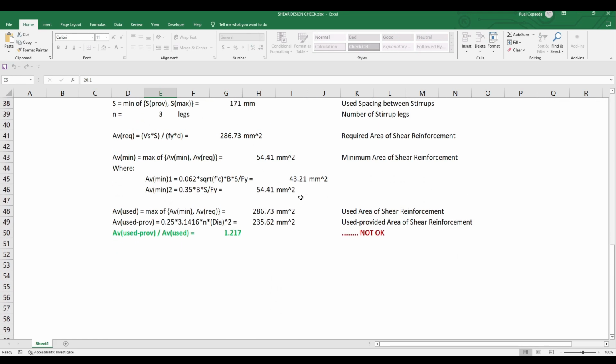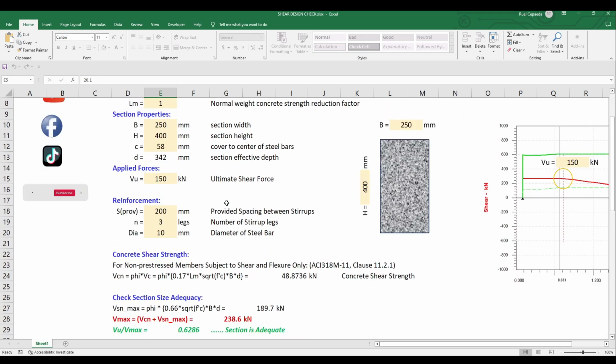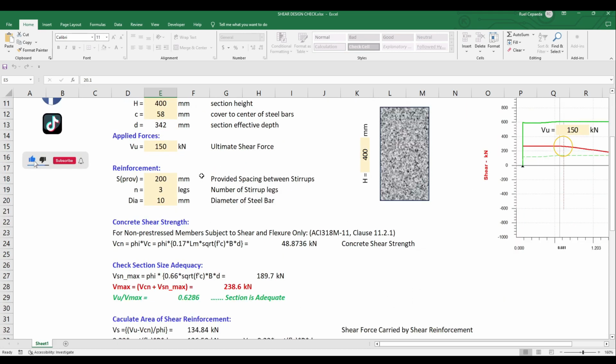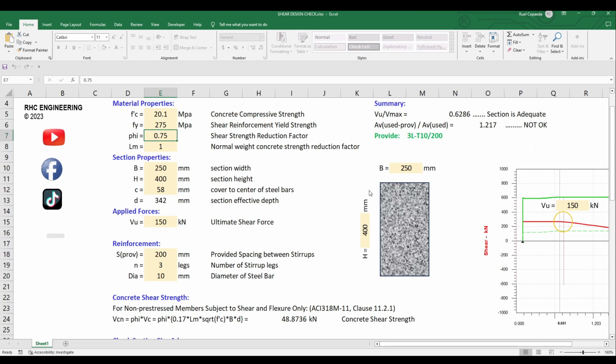Okay, guys. So it means our section is not okay as per the reinforcement we had provided. And by the way, every time we change the dimension of the section properties, the right side is also updating every time we change the section properties.